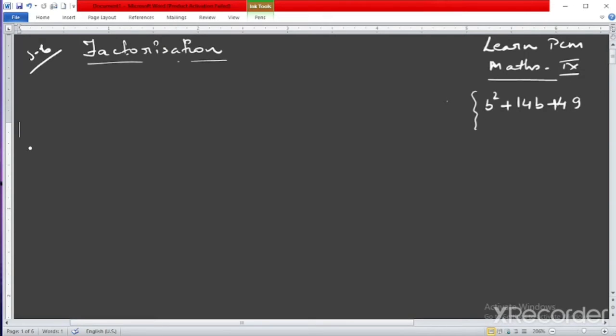Now we are going to start with some questions. Let us take a few more questions regarding the same topic, that is, factorization of perfect trinomial squares.